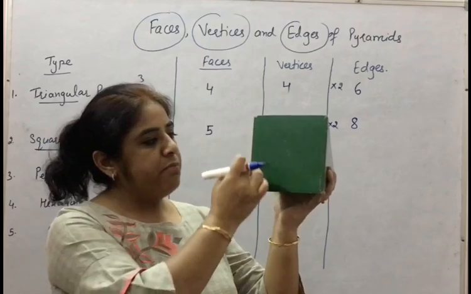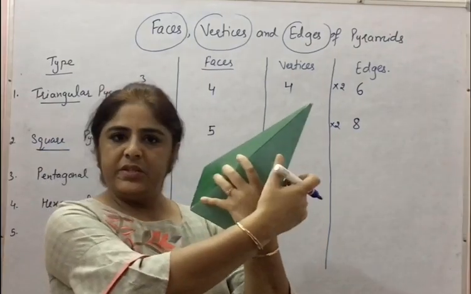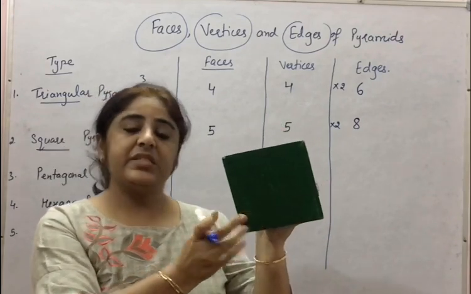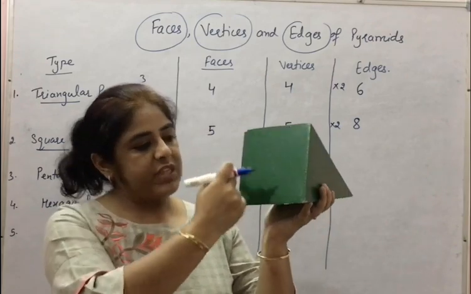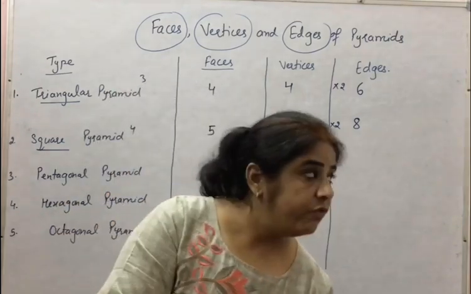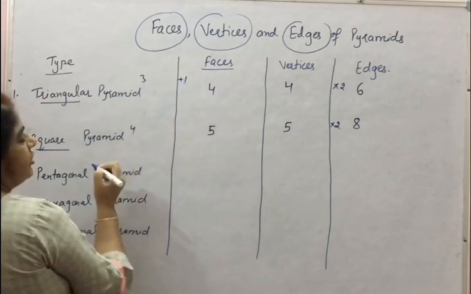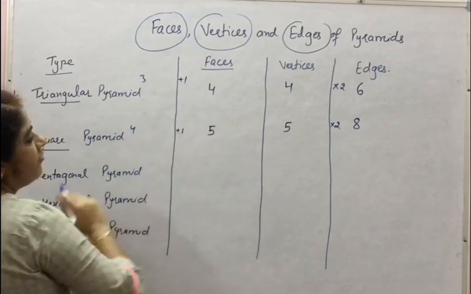So as many sides as the base has, that many side faces we have, and 1 of this. So the number of faces would be 1 more than the number of sides of the base. We are observing here 3. If we add 1 to it, we get the number of faces.